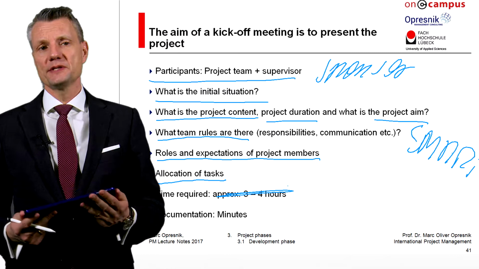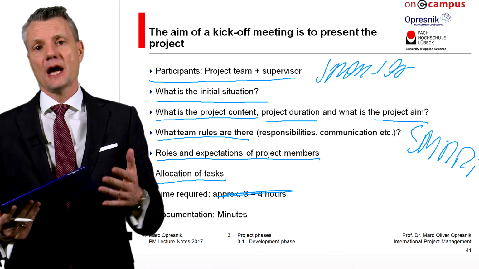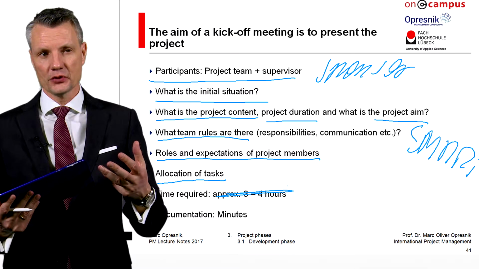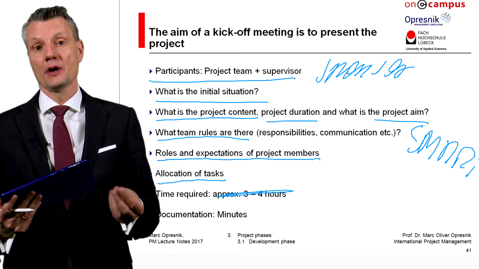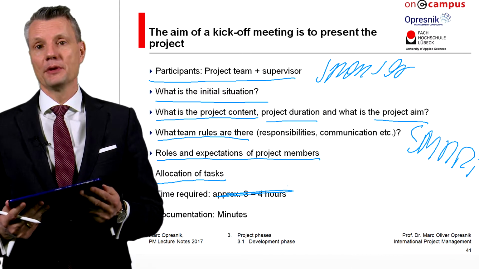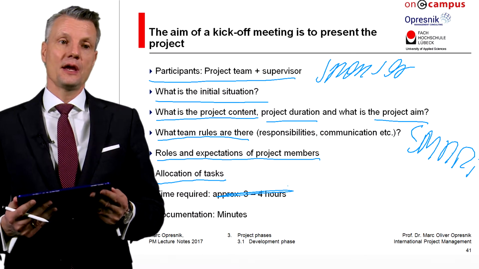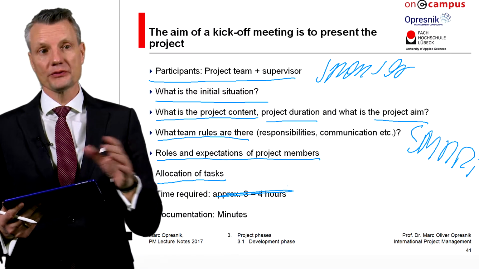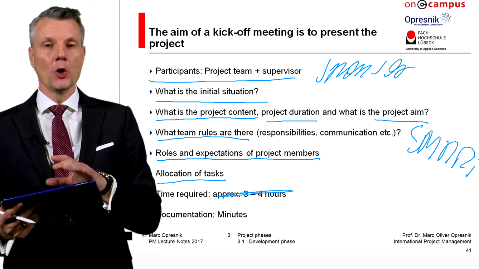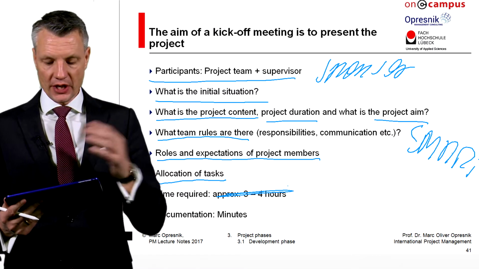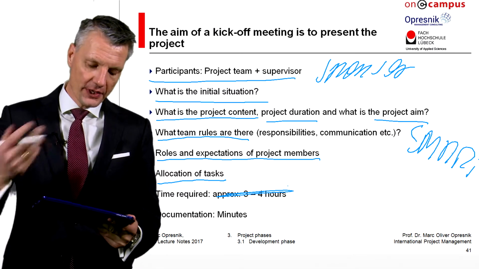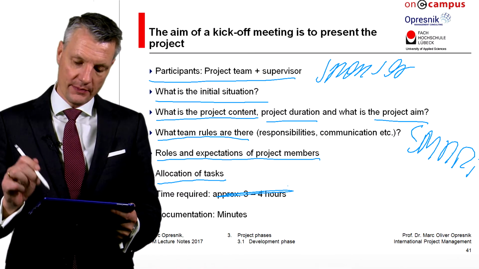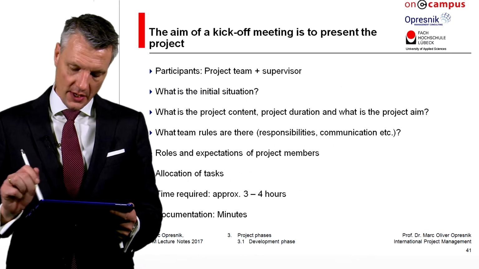This is very advisable. You also have to specify how you share information. Of course, it makes sense to have a project drive set up by the IT department, which everybody can access. And you also need to specify how often you are communicating via email, who's responsible for which kind of role, etc. So there are a lot of things to be set up at the kickoff meeting. These are only the most important bullet points.